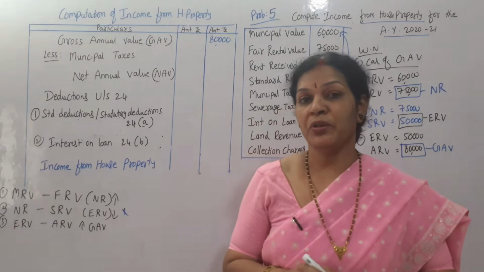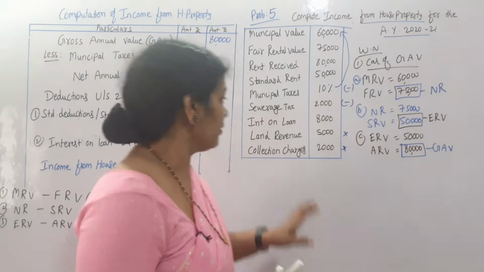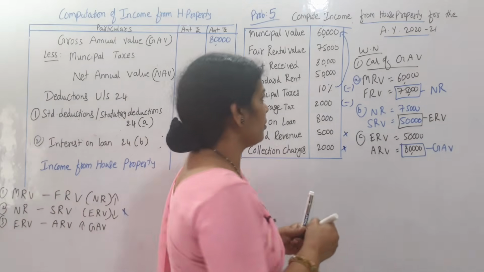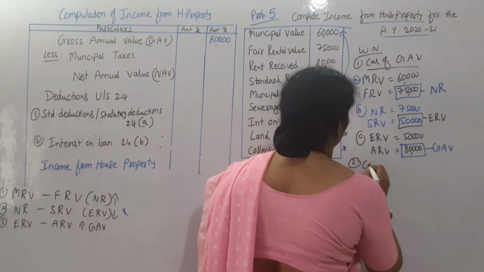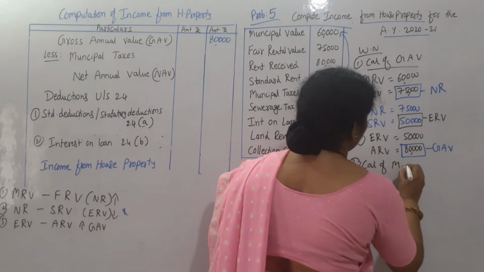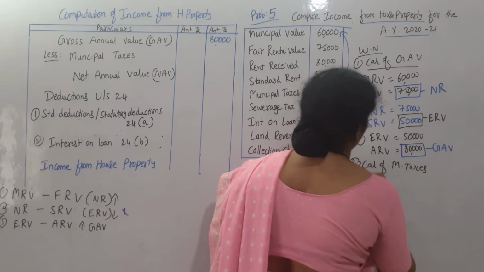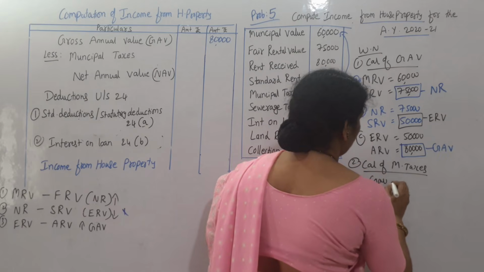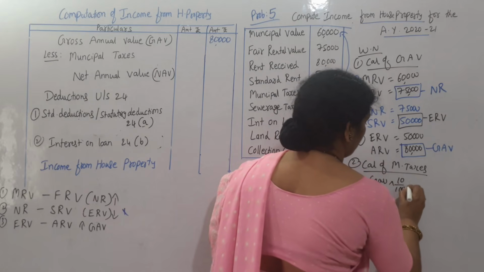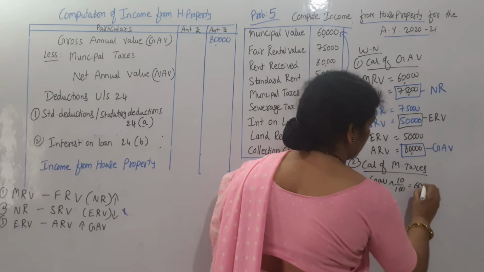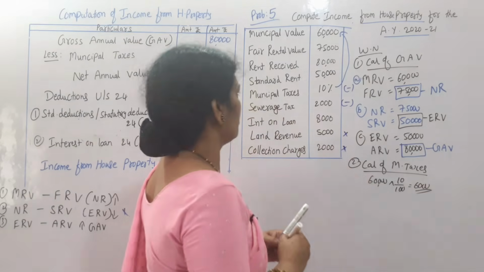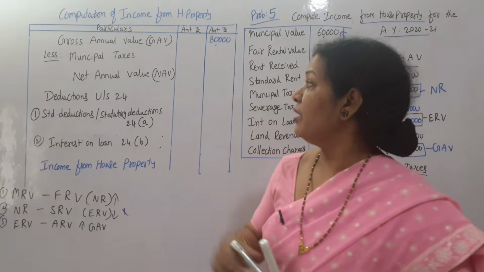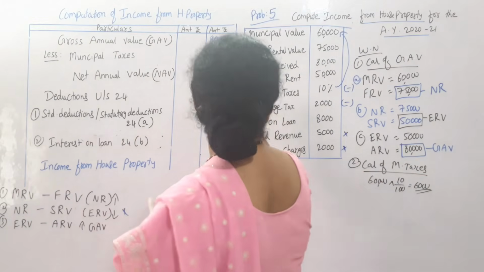After this, what do we do? We have to deduct the municipal taxes and the sewerage tax. Calculation of municipal taxes in working notes: municipal value is 60,000 into 10%, that is 6,000.